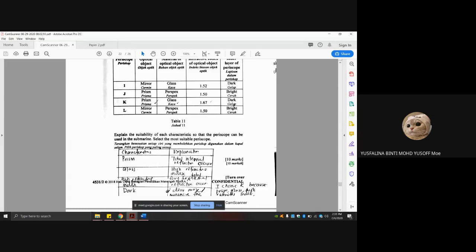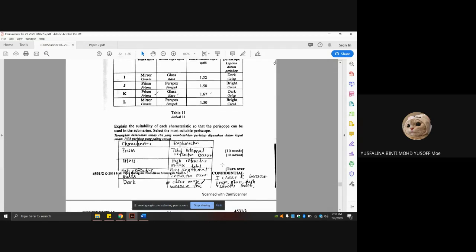This makes it easy for total internal reflection to occur, because the condition for total internal reflection is that the light travels from the denser to the less dense.